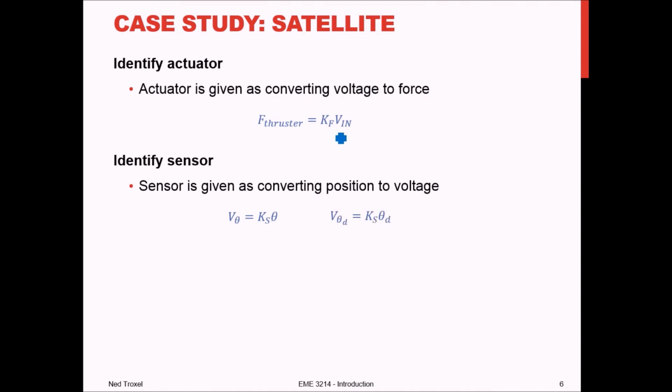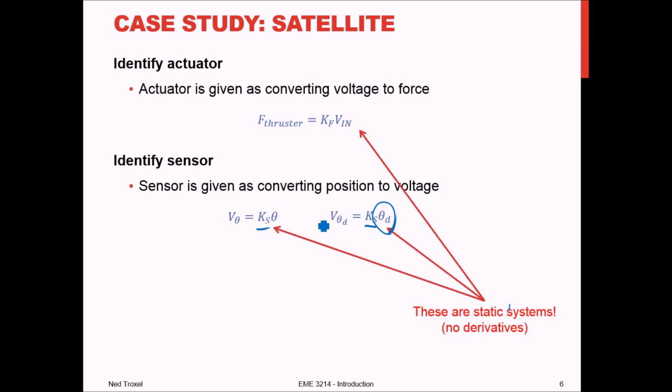We, on the other hand, will have a desired voltage. So we have the same constant Ks, right? That has to be the same in both times. So if we have a certain angle that we want, theta desired, then we need to calculate a voltage desired, so that we can compare them.